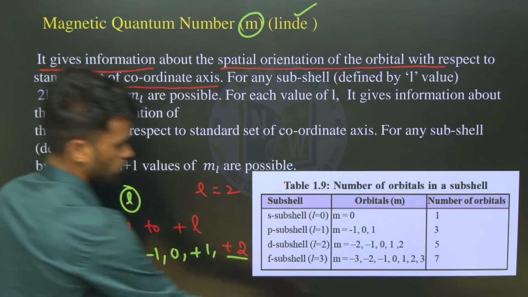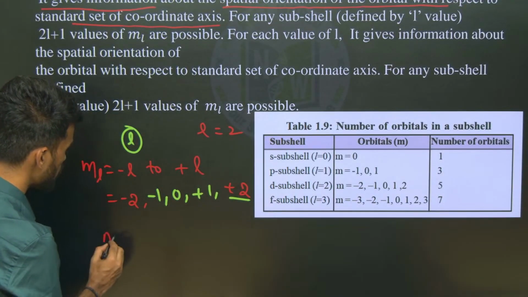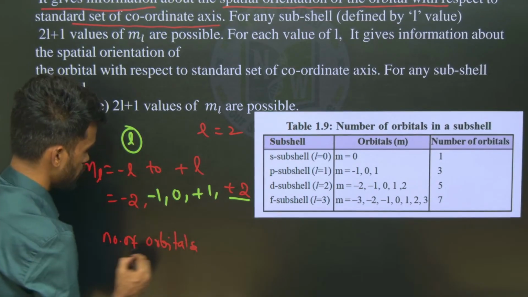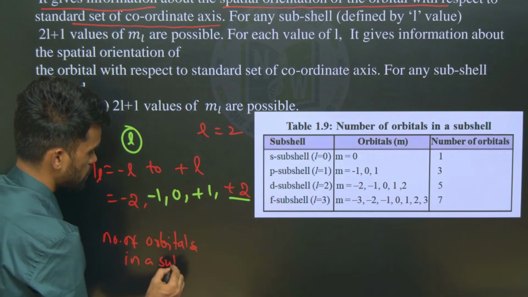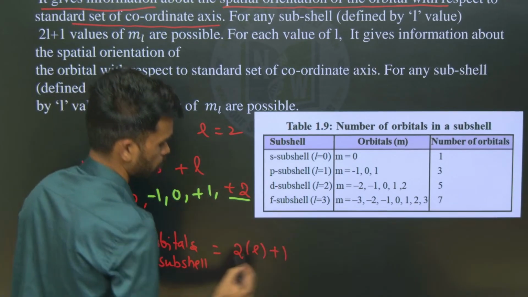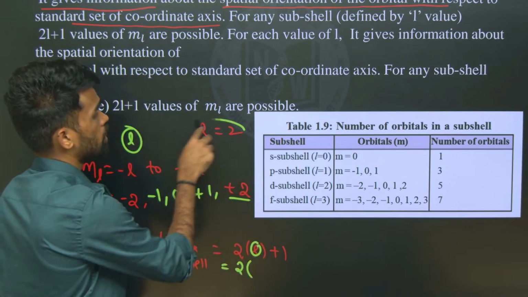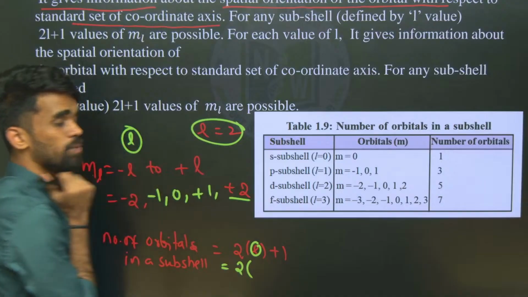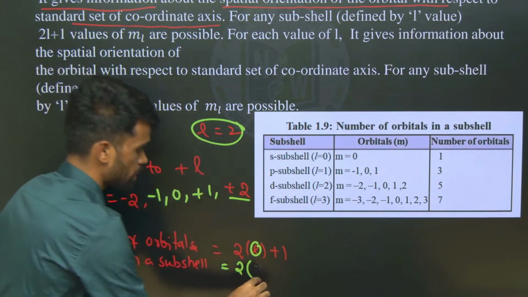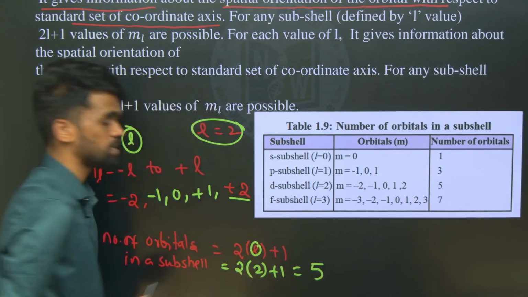So you can write a formula: the number of orbitals in a subshell is equal to 2l plus 1. Here l is the subshell number. For example, for the d subshell, the l value is 2, so 2 times 2 plus 1, giving 5 orbitals in the d subshell.